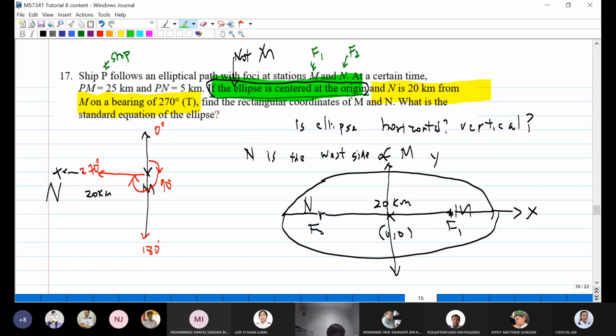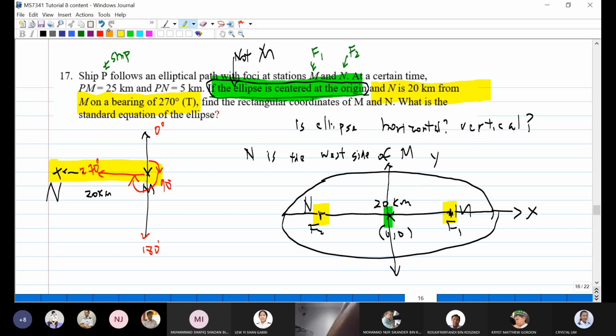The center is not M, right? So I have made use of this yellow and green information already. The yellow information is actually here.